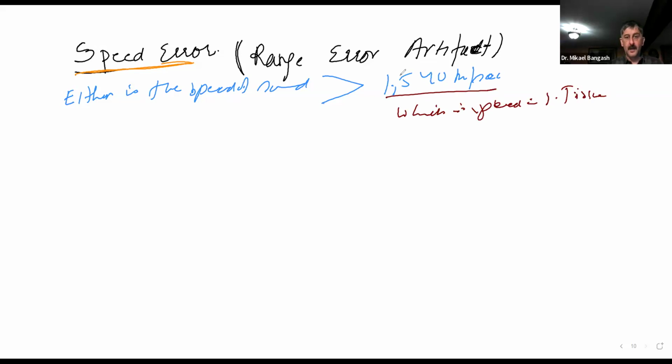So any number which was greater than 1,540 meters per second, let's just say 3,000 meters per second.